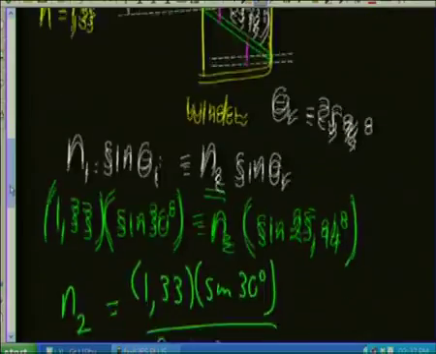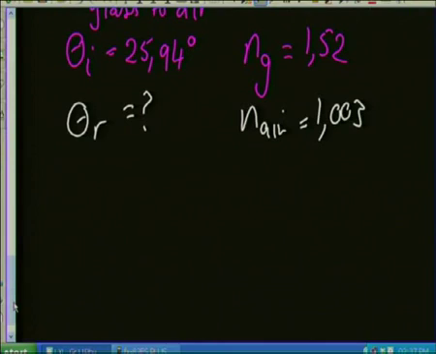I hope you can see that because it's moving from a more optically dense medium, with a high refractive index, to a low refractive index, the light is going to speed up and it's going to bend away from the normal. We're expecting the angle of refraction to be bigger than it was before. So in this case, the angle of refraction to be bigger than 25 degrees.